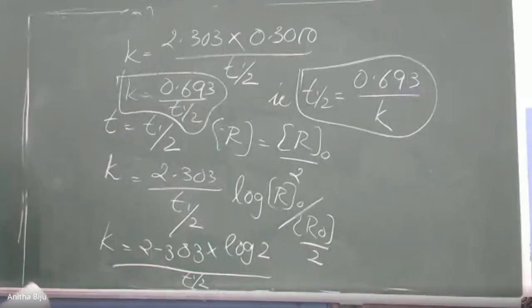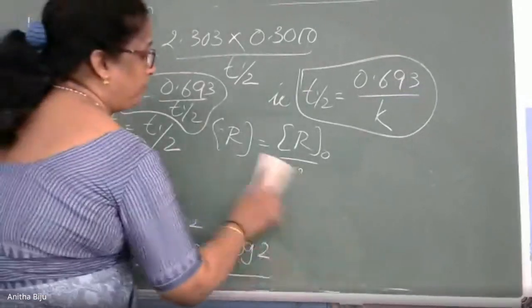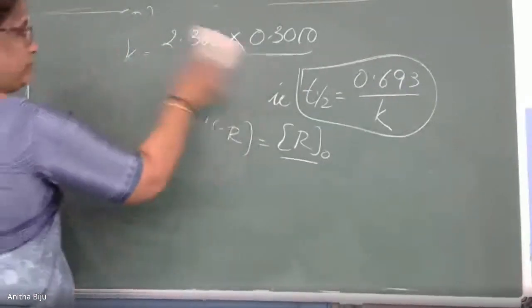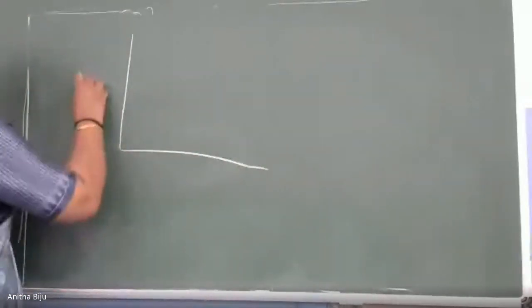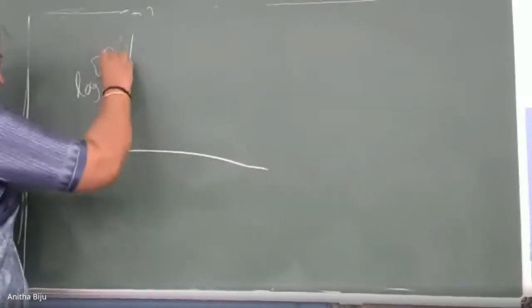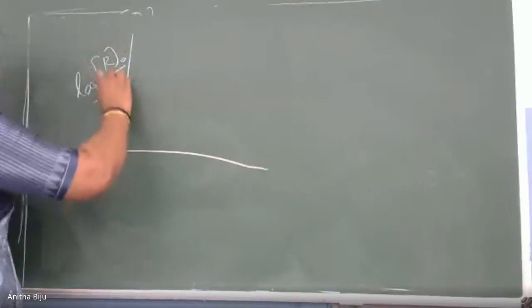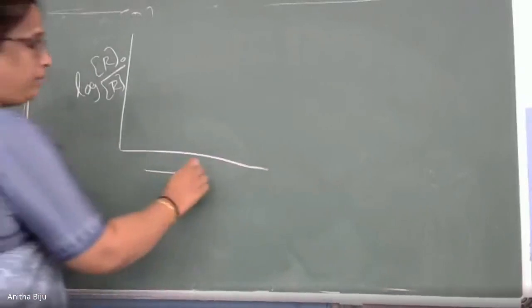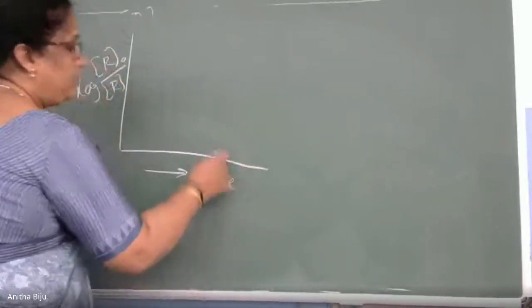So in this case, we can plot a graph. Two graphs are there, but I will plot only the one related to logarithm. Log R naught by R is plotted against time on the x-axis.